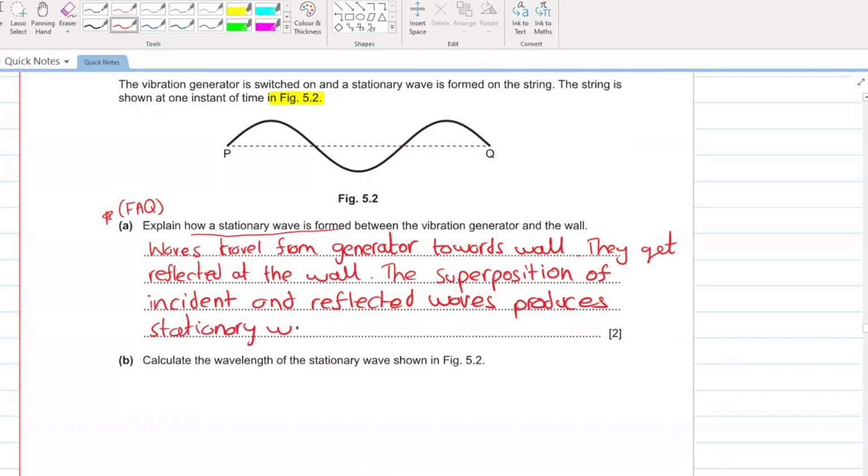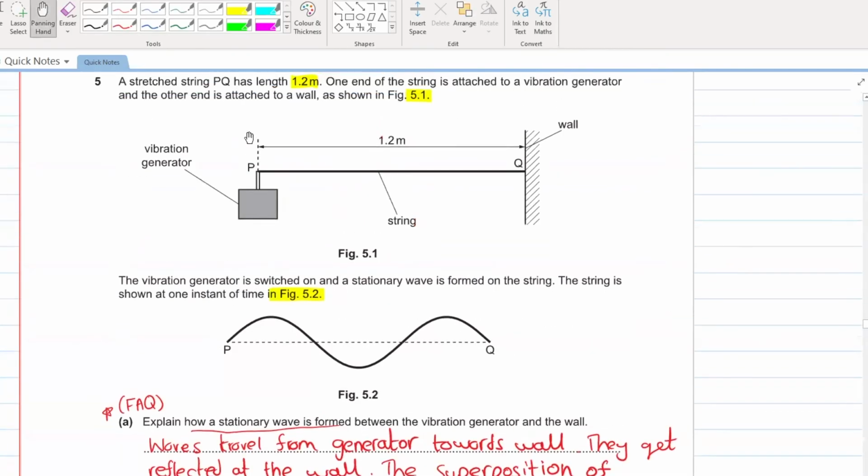Beta, what is happening here? Can any genius in the chat tell me what is happening here? Beta, this vibration generator produces incident waves like this. They hit the wall, they give rise to reflected waves like this. The superposition of both of these waves gives rise to stationary waves. Perfect.